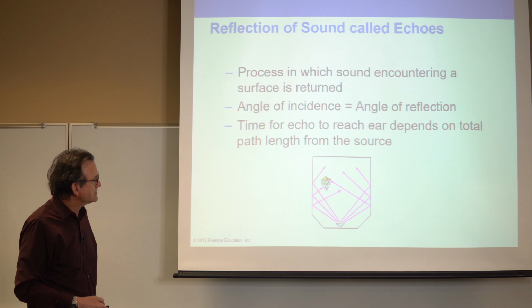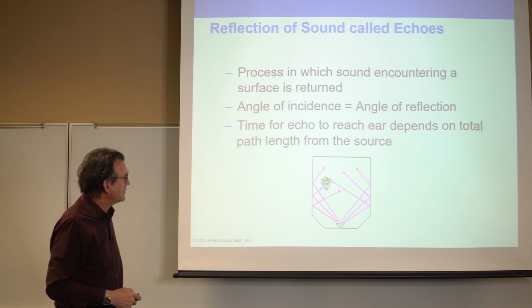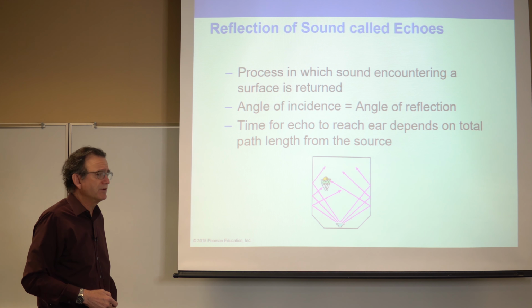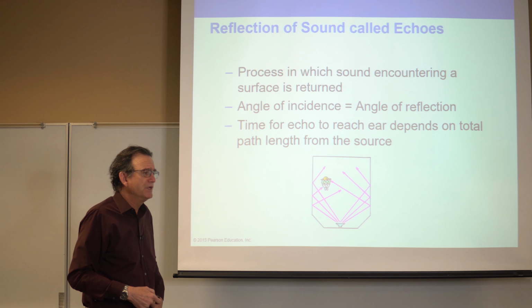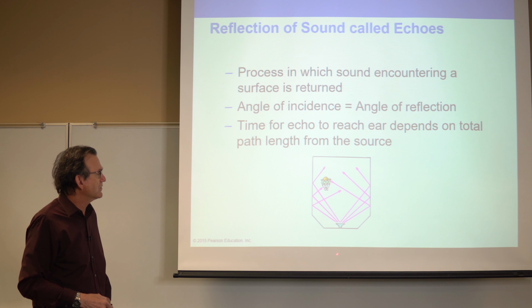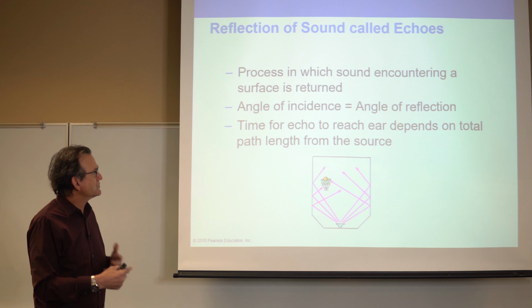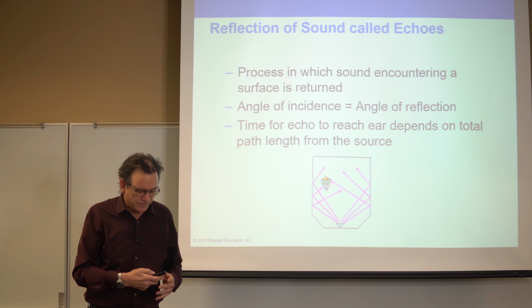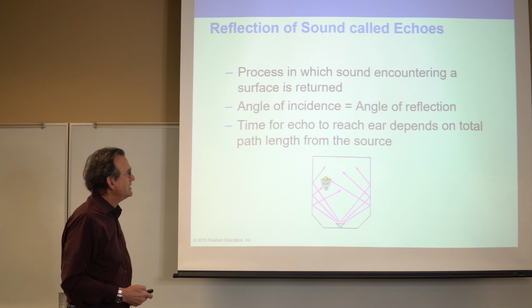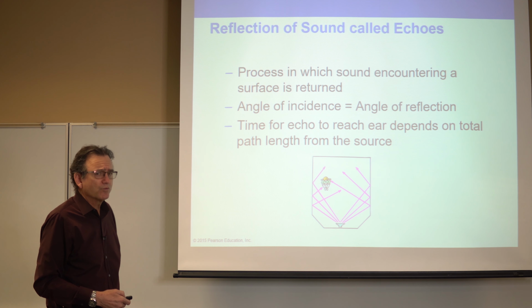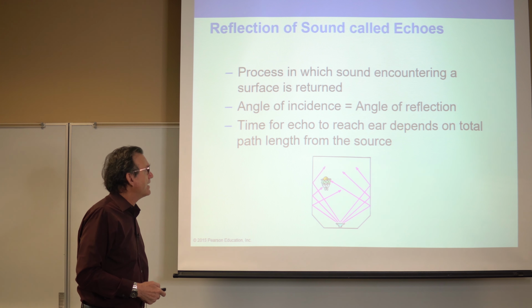In this particular case, the speaker is generating a direct sound wave that goes from the speaker to the listener, but there are other sound waves that hit the walls and bounce over to the listener that produce these echoes, and this can cause a distortion or a delay of some of the signals to overlap with signals that are being produced much later. So this sort of echo pattern is a very detrimental source. We would like to attenuate it as much as possible so that when we're listening in a room we don't have these echoes occur.